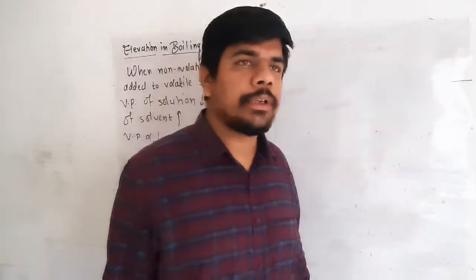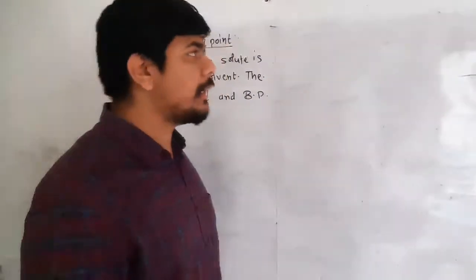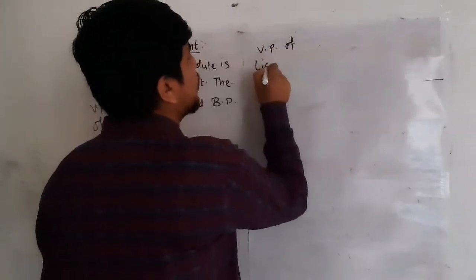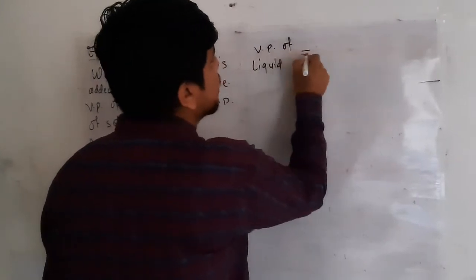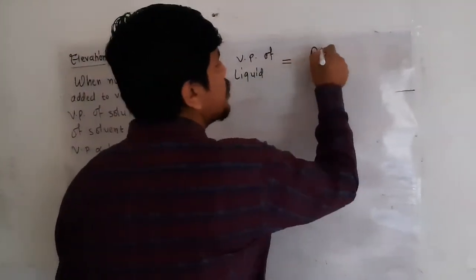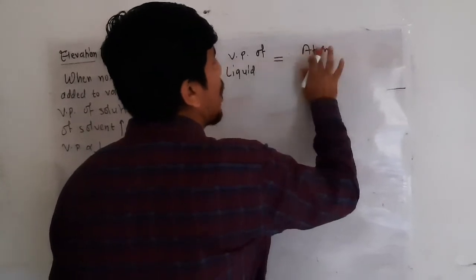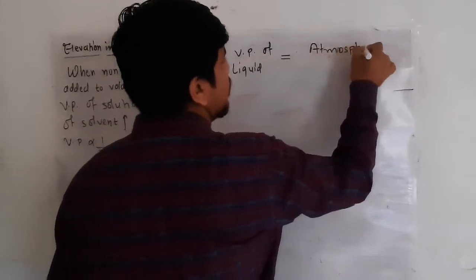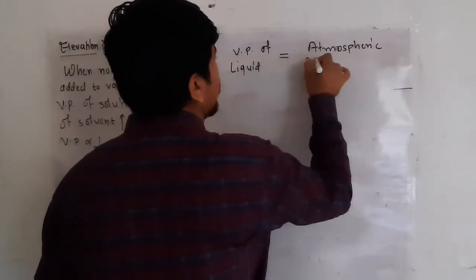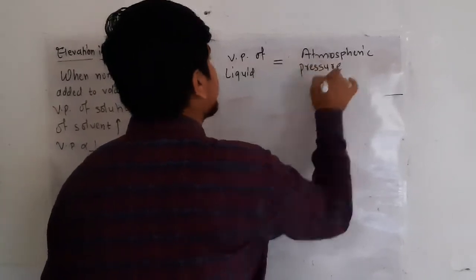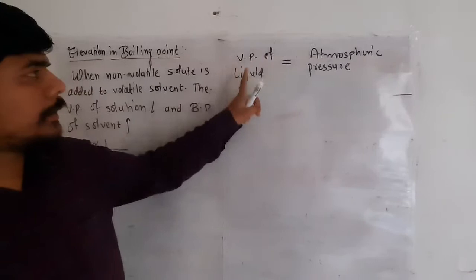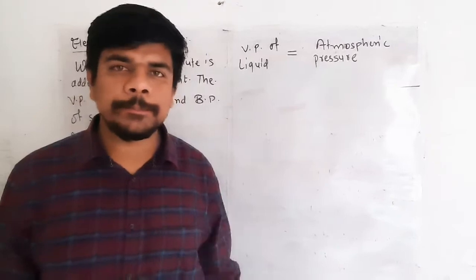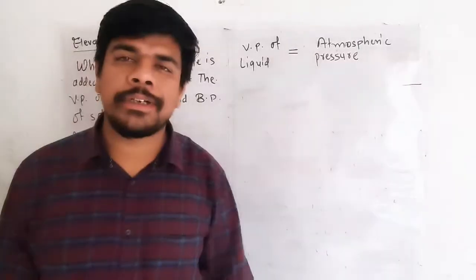Another definition is the temperature at which the vapor pressure of any type of liquid is equal to the atmospheric pressure. That temperature is considered the boiling point of that liquid.